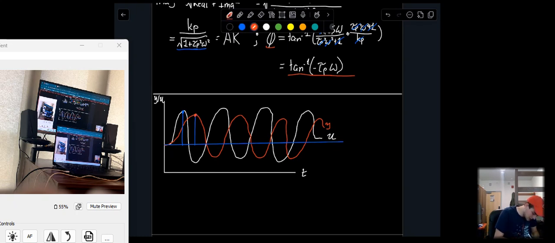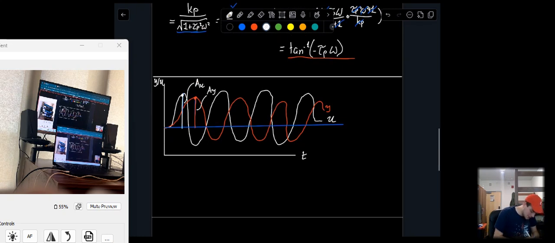So let's make this line red and this line white. We'll call that length U and this length Y. And so the amplitude ratio is simply a comparison of these two magnitudes. So it's the amplitude of the output over the amplitude of the input.